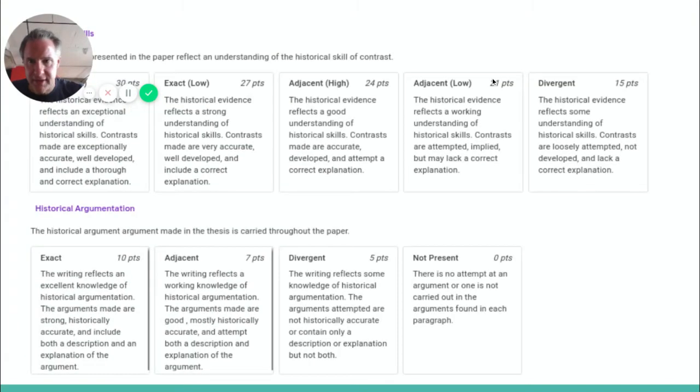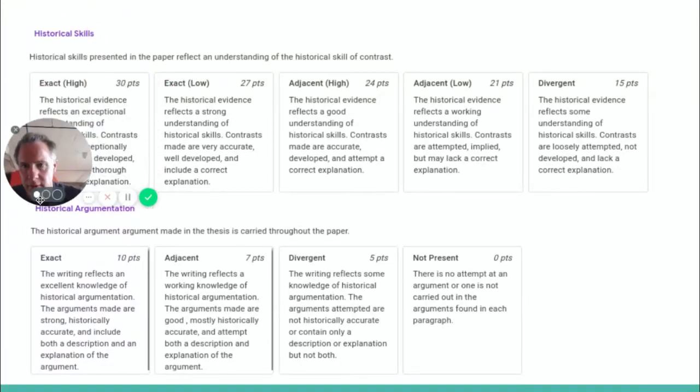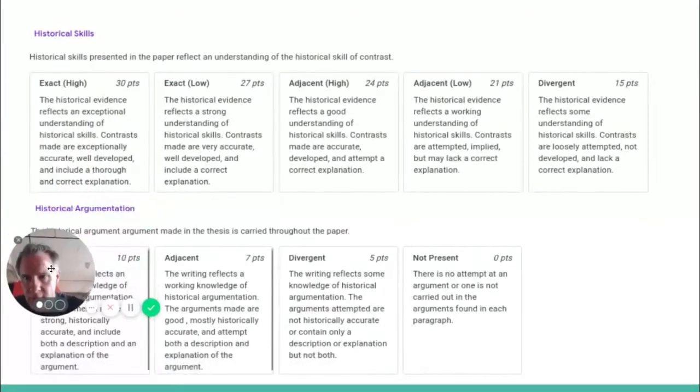Our next criteria is, I'm always in the way, aren't I? Historical skills. And this is, do you have a comparison? So does your paper in every paragraph accurately do the following: describe the Jamestown evidence, describe the New England evidence, and then describe the difference and explain the difference.